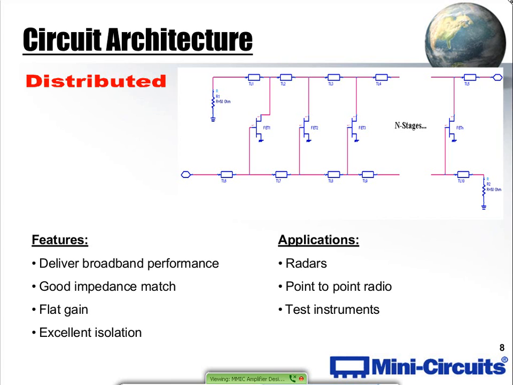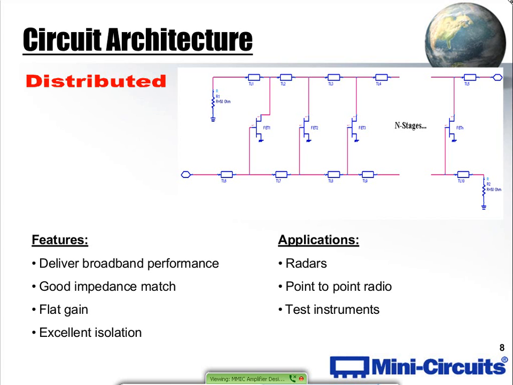The feedback falls off and loses its effect as you get up to, say, around 6, 8, 10 gigahertz. Our Darlington configurations, we push them up to around 10, the same thing with the cascodes, but above that, they fall off. So in those cases, we replace the circuit topology with the distributed approach.